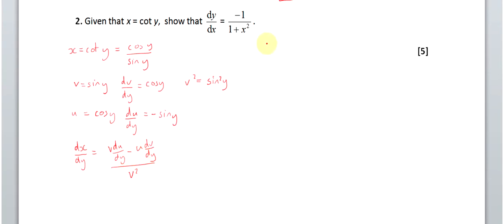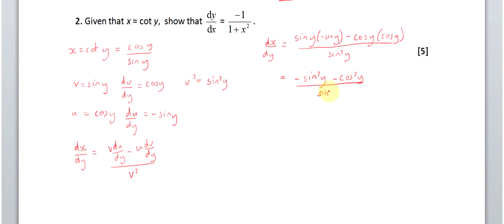So dx by dy is equal to sine y times minus sine y minus cos y times cos y all over sine squared y. And this simplifies down to minus sine squared y minus cos squared y all over sine squared y.